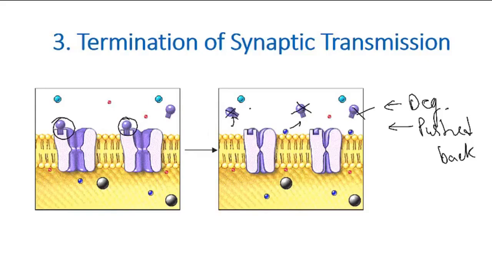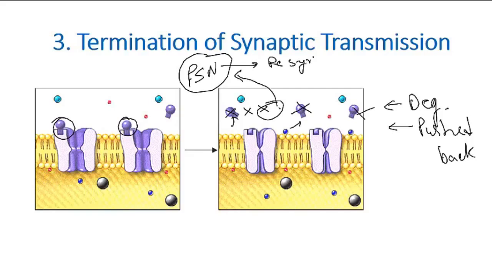So simply, we break them down after the work, then we take the breakdown products and shift them to the presynaptic neuron so that it can take up all those breakdown contents of the neurotransmitter and resynthesize the neurotransmitters. The neurotransmitter which has been returned to the terminal is packaged into vesicles for storage and subsequent release in the future.